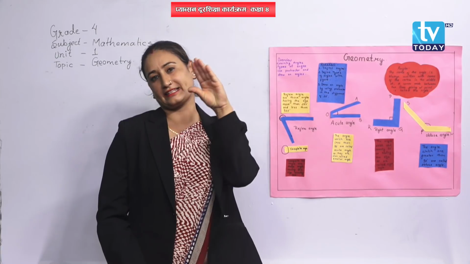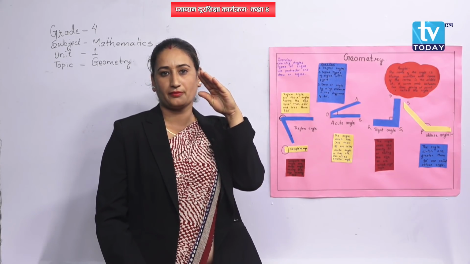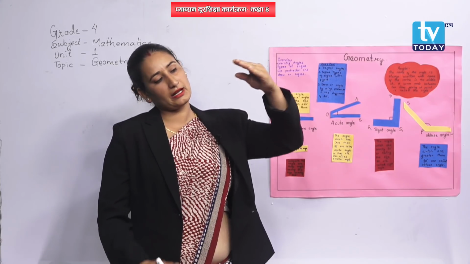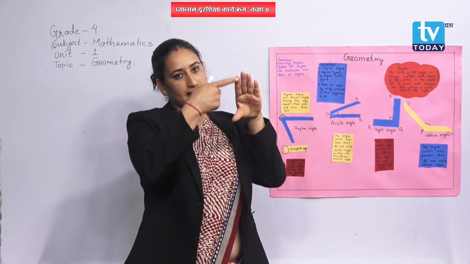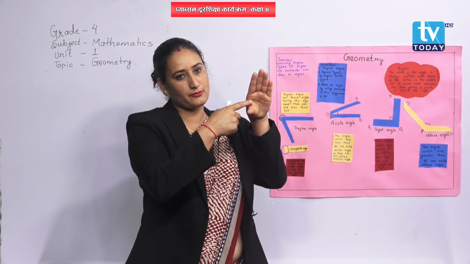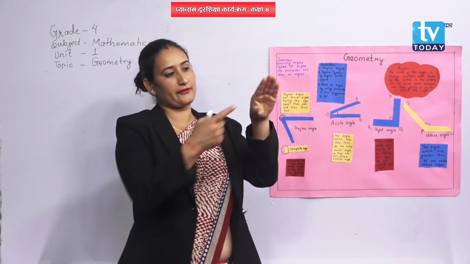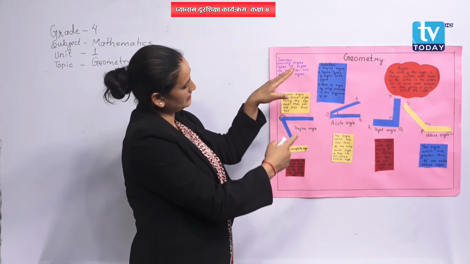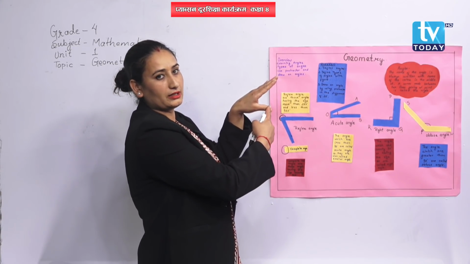We can see it with our fingers also. This is a straight line and this is a straight line, and they form one small angle here. So we can say it's an acute angle. Have you noticed this one angle? This one angle is known as the acute angle. It's a smaller angle.